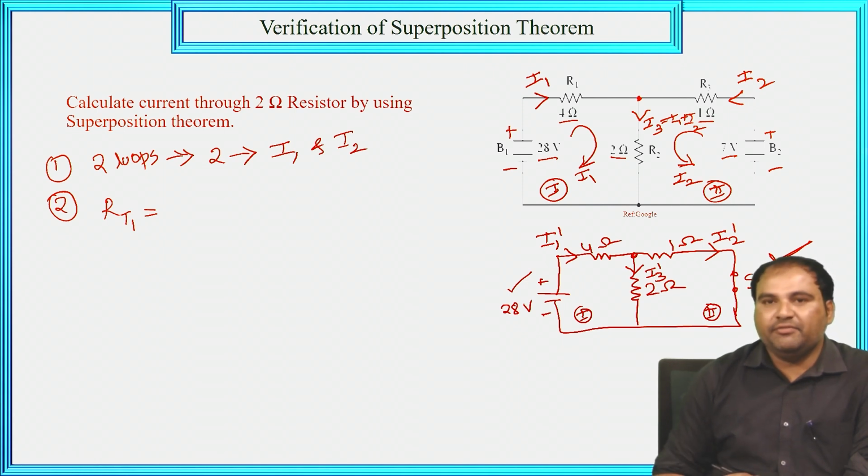If any two resistors are in parallel, the equation is 1 by R equals 1 by R1 plus 1 by R2, or R1 into R2 divided by R1 plus R2.